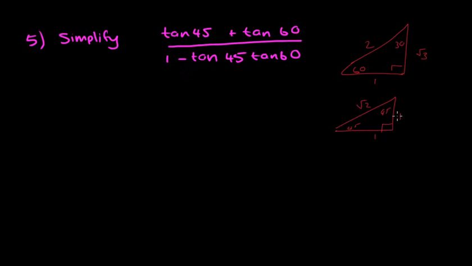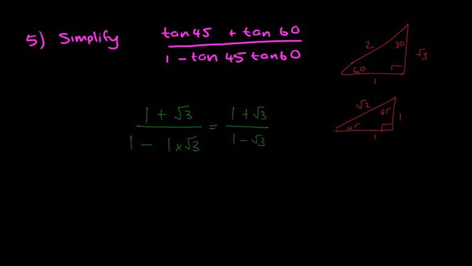Well, tan 45 is 1 over 1, which is just 1. Our tan 60 is root 3 over 1, which is just root 3. 1 plus tan 45, we know is 1, and it's multiplying by tan 60, which is root 3 over 1. So if I simplify that, 1 plus root 3 all over 1 minus root 3.